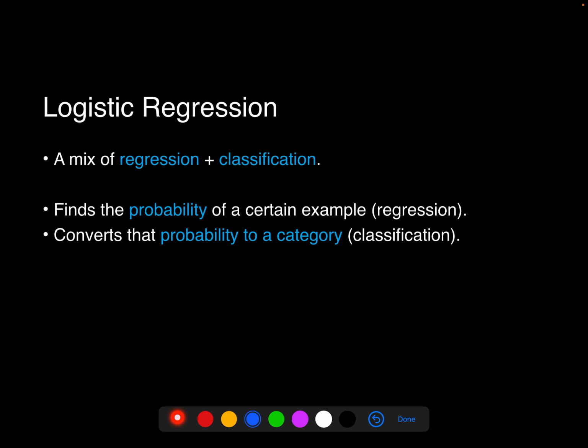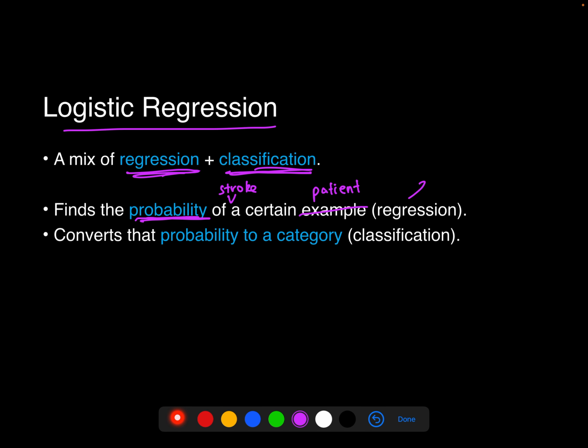It's time to learn about logistic regression. Logistic regression is a mix of regression and classification. So there's two steps, and first is regression. What it does is it finds the probability of a certain example. So here, probability of stroke, in our example, of a certain patient.